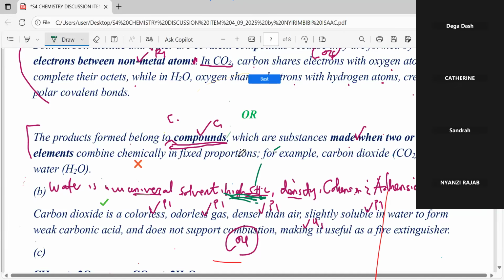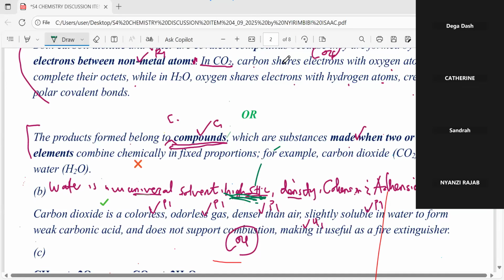all the elements in covalent compounds do not apply to the general properties? No, it's a water question.